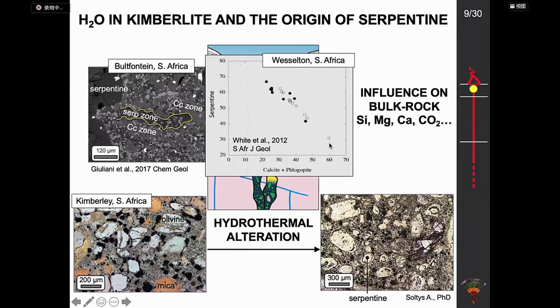That means that the formation of serpentine, the introduction of external water in kimberlites, has a massive effect not just on water, but also on silica, magnesium, calcium, CO2, every major element. And this remains one of the fundamental issues that we have to understand the composition of kimberlite melts, both upon emplacement and deeper in the mantle.